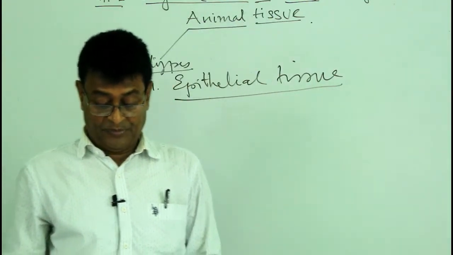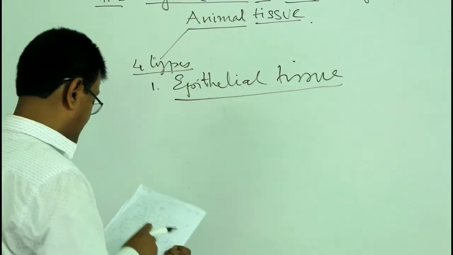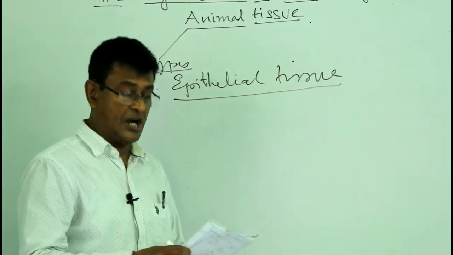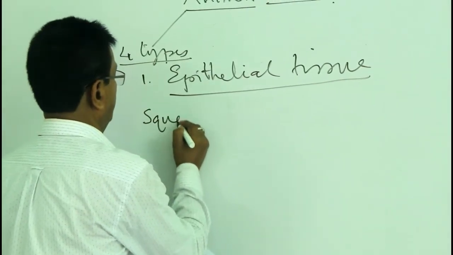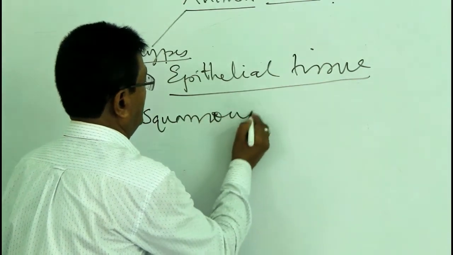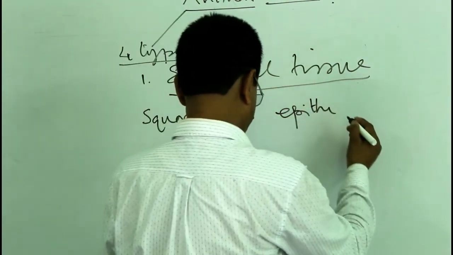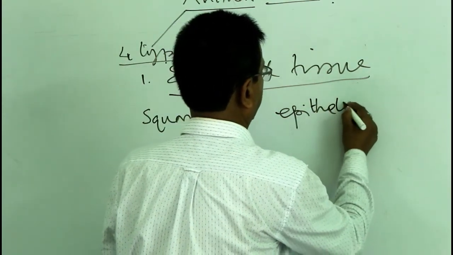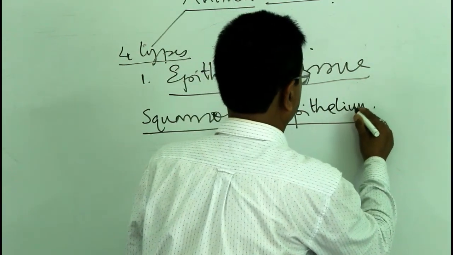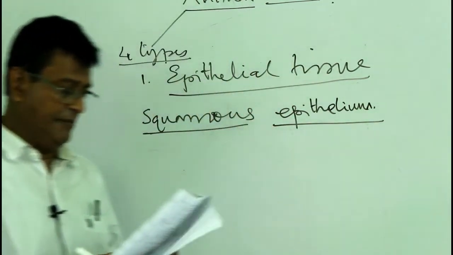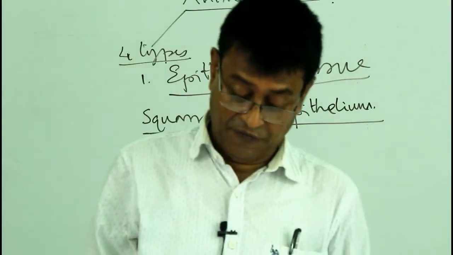Well, we have divided the epithelial tissue in the following ways. According to the shape, number 1 is squamous epithelium. In squamous epithelium, the cells are thin, irregular, flat.